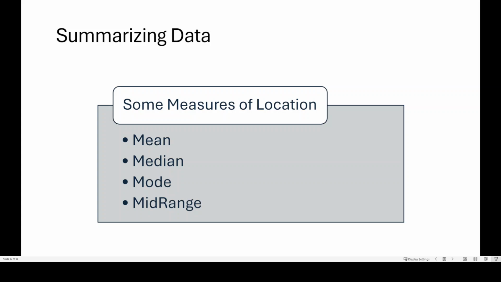Before we go any further, we should talk about what we mean by measures of location or central tendency. In general, we're interested in what a typical value is, and I'll talk about this more in different videos. But essentially, if someone asks you what the average temperature is in a particular region, say, they're not asking precisely for a mathematical calculation.